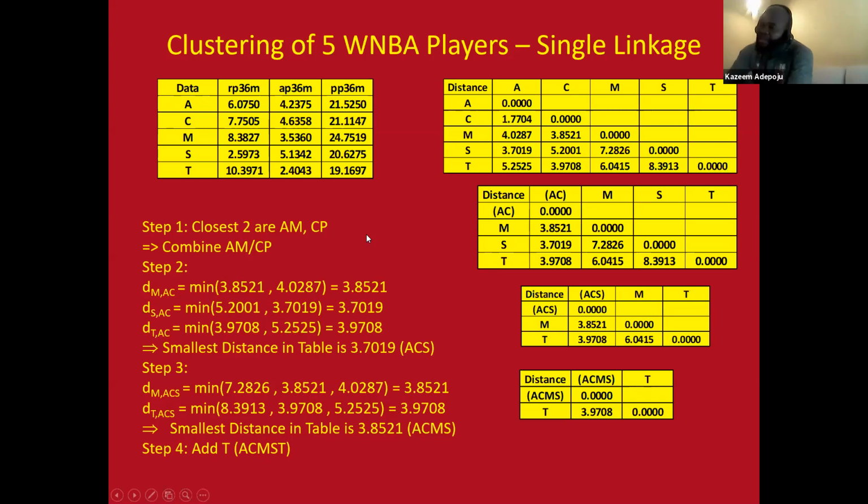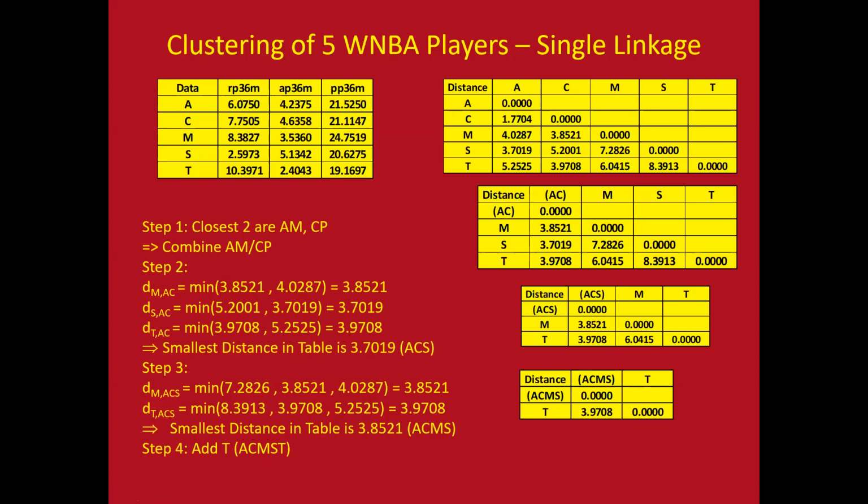Do you know the reason why we combine A and C? Because in the first column, the A and C cell is the smallest. You can confirm 1.7704 is the smallest? Yeah. Okay, thank you for that.